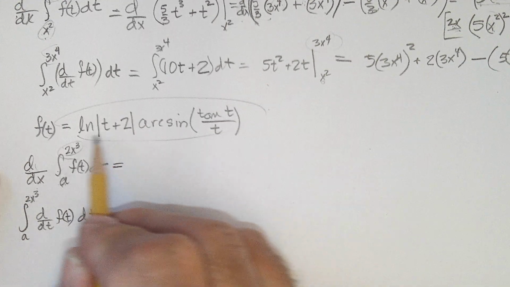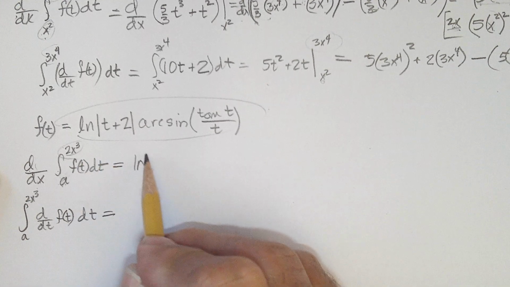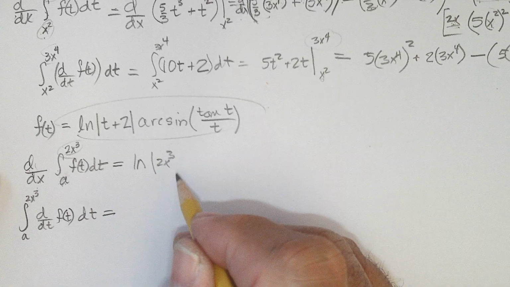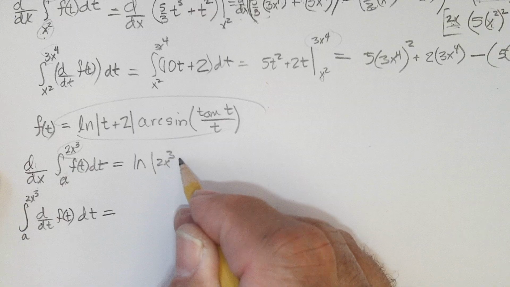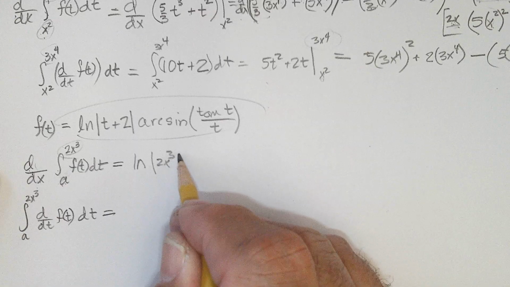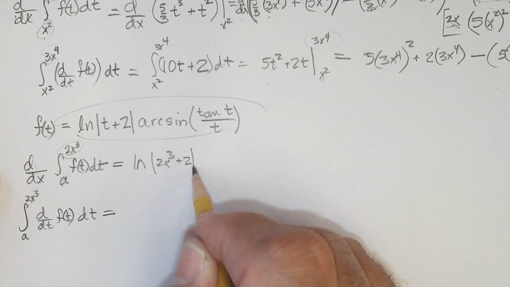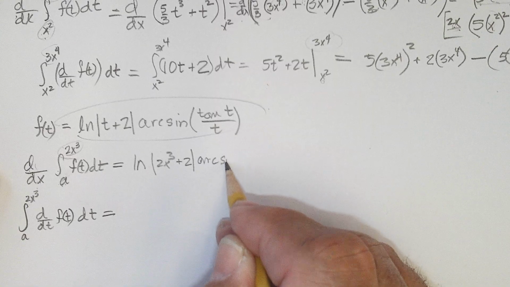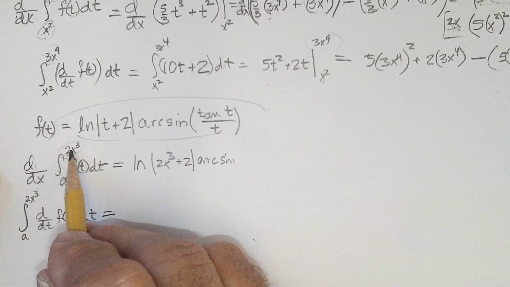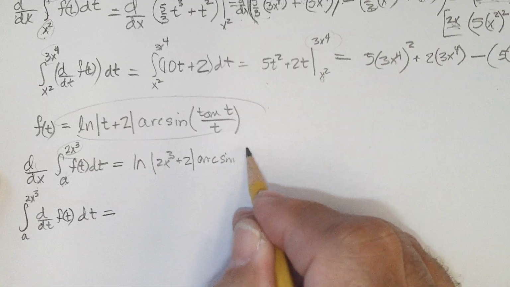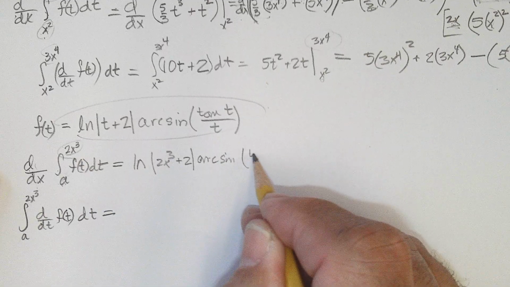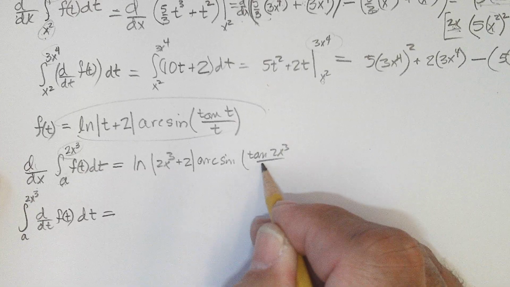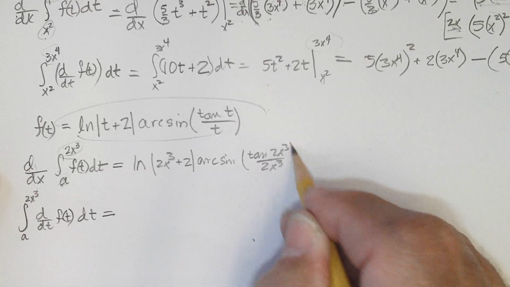So I'm just going to have ln of, replace the t with 2x to the third plus 2 arc sine, and putting 2x to the third in for the t's, tangent of 2x to the third over 2x to the third.